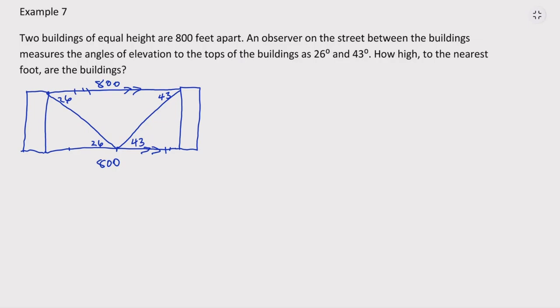So we would use law of sines, sine of 43 over C, so this is going to be C, equals the sine of 111 over 800. Now I didn't tell you where I got 111 from.